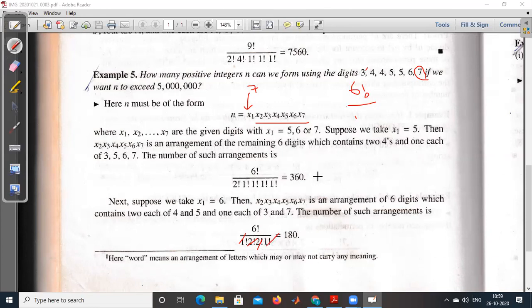So totally we get 360 plus 180 plus 180, so 720.